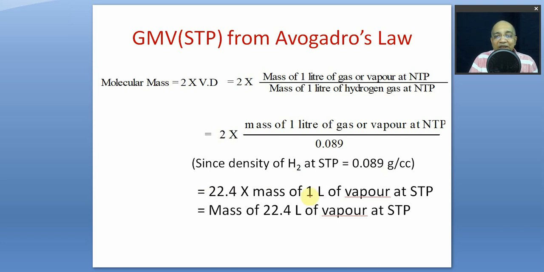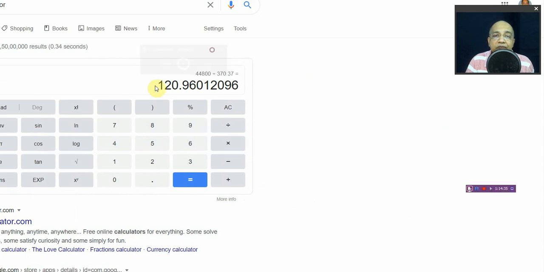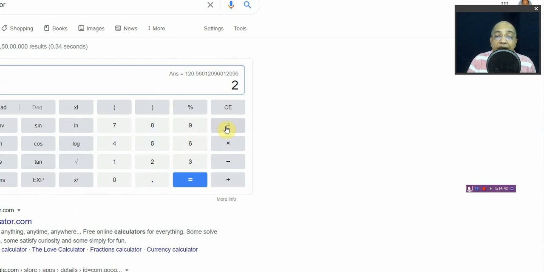Just for fun's sake, let us divide here to see what the difference is. 2 divided by 0.089.